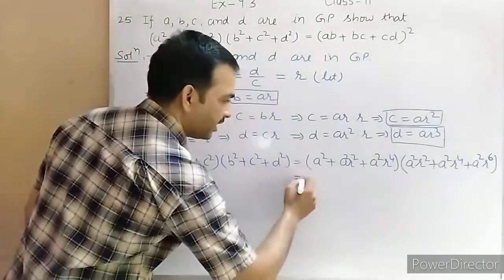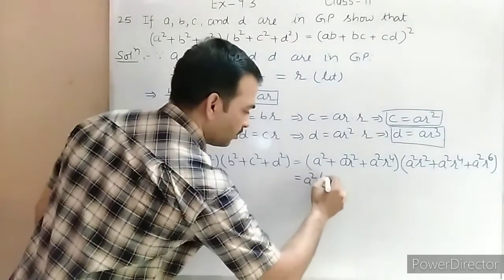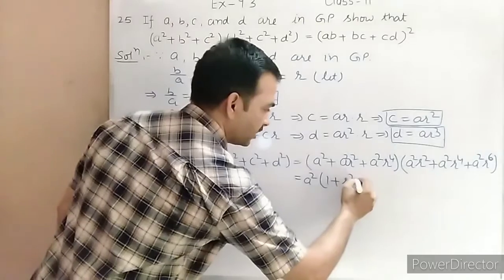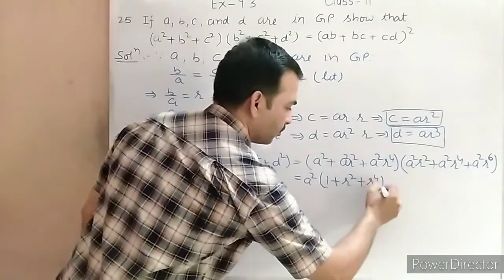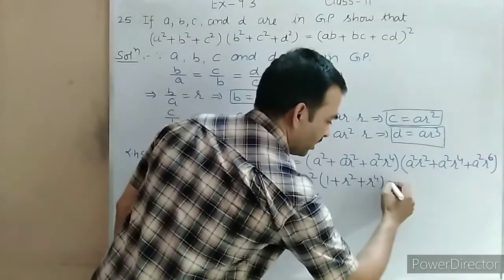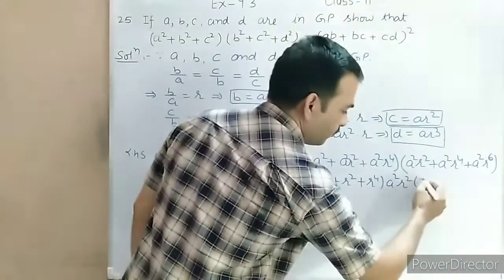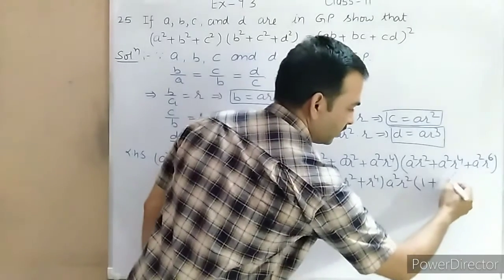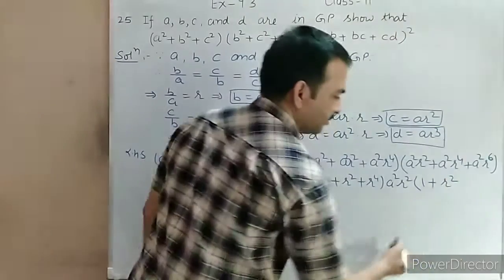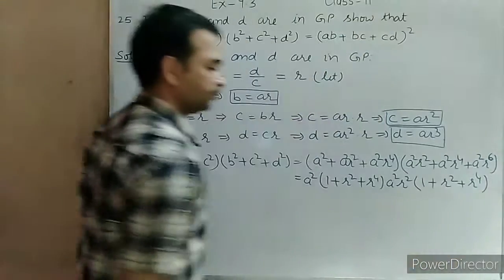Now I can take A square common, so A square into 1 plus R square plus R power 4. Similarly I can take here A square into R square, so I get 1 plus R square plus R power 4.